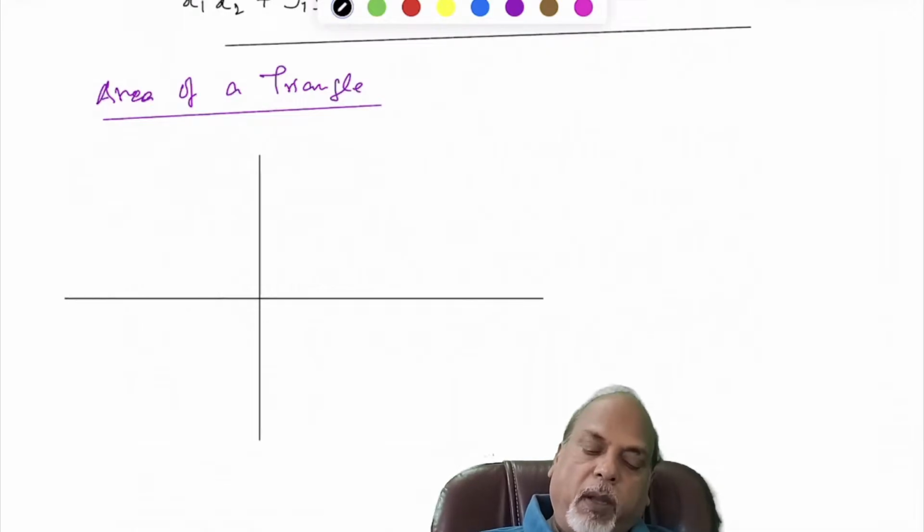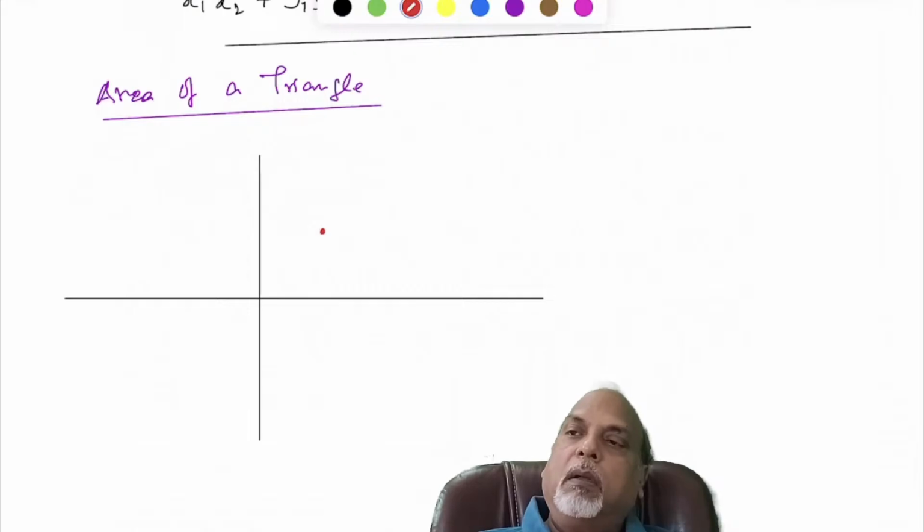Suppose you have a point, this is your point, suppose A, this is your B, and this is your C.